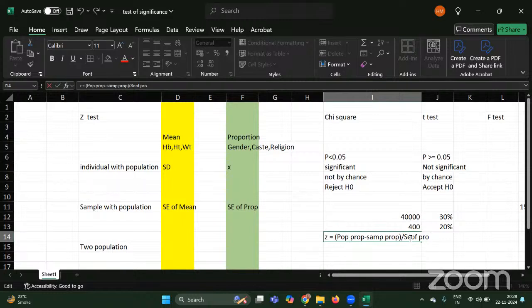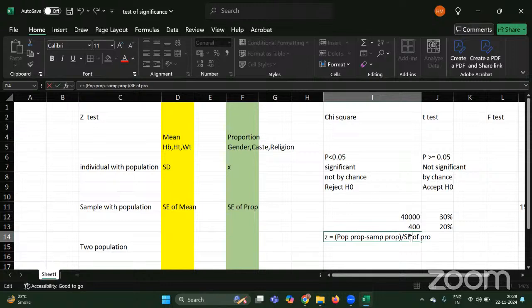And if Z is more than 2, we can say it is statistically significant and the sample which was taken was a biased sample. And if Z is less than 2, we can say this much difference can have occurred by chance. And how do we find standard error of proportion? Standard error of proportion is equal to root PQ upon N, right?